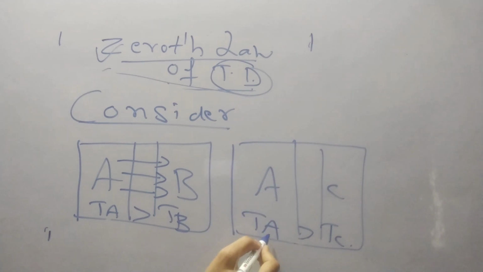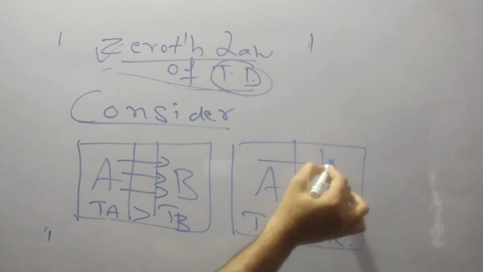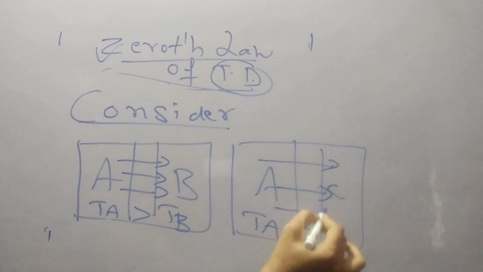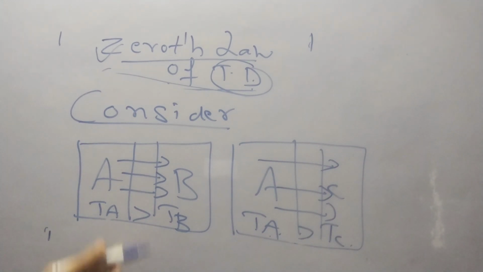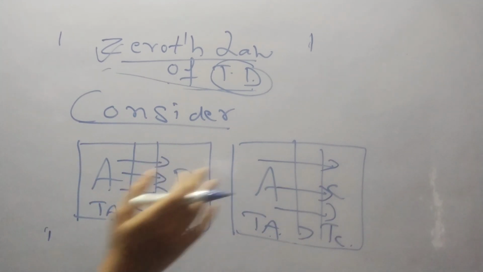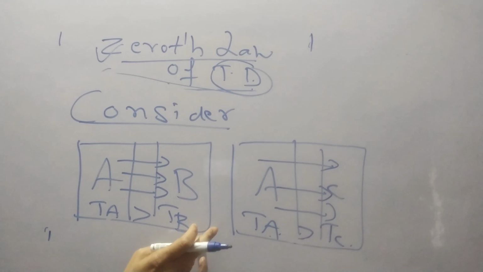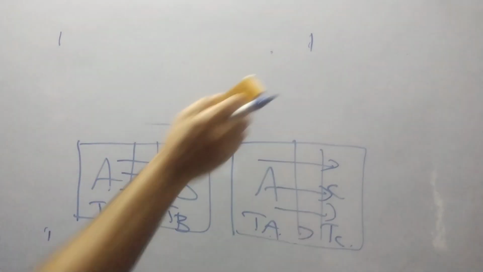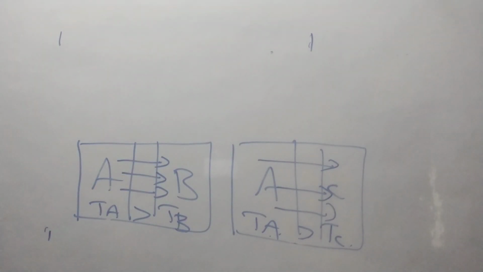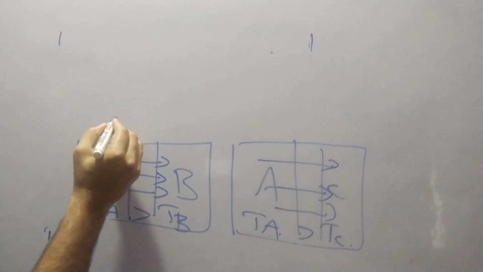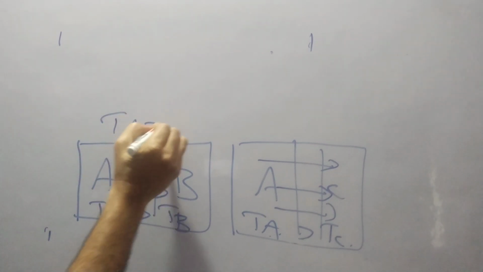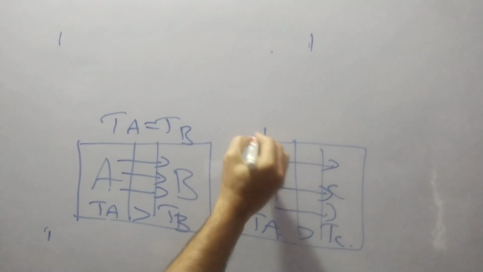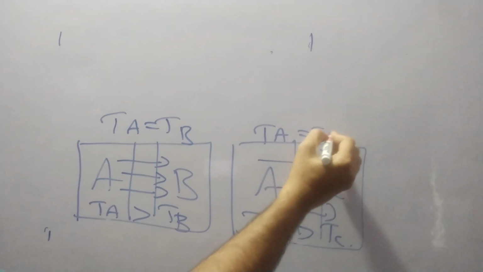Heat flows until these values are equal, that is TA equal to TB, and TA equal to TC.